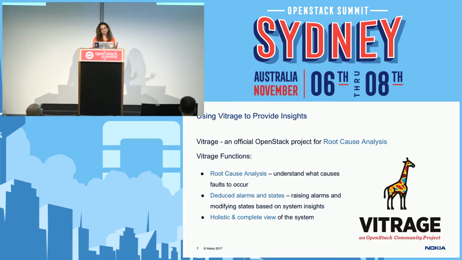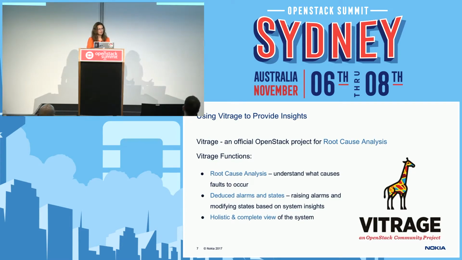Now I'm going to take one step back and do a very quick overview of Vitrage, just in case it's missing. Vitrage is an official project in OpenStack. It was started 2 years ago and became an official project 6 months later. It's responsible for root cause analysis, but not only that.